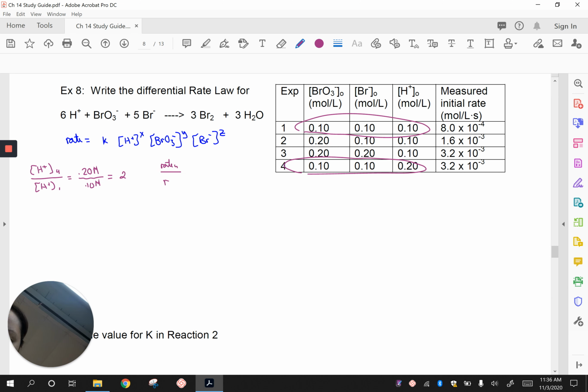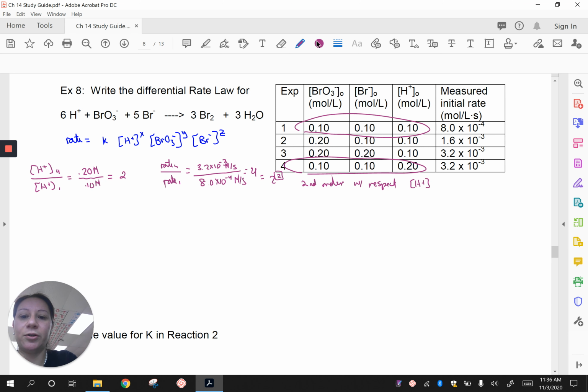So rate of 4 over rate of 1. Rate of 4 is 3.2 times 10 to the negative third molar per second. This one is 8.0 times 10 to the negative fourth molar per second. And so this gives me 4. Then I express my 4 as equal to 2 to some power, because my change in concentration was double. So this is 2 to the second, so it is second order with respect to the H plus.